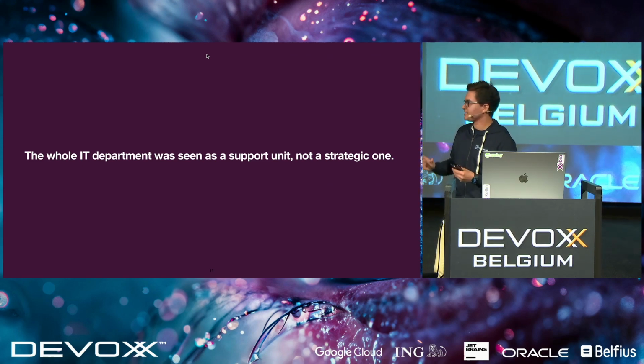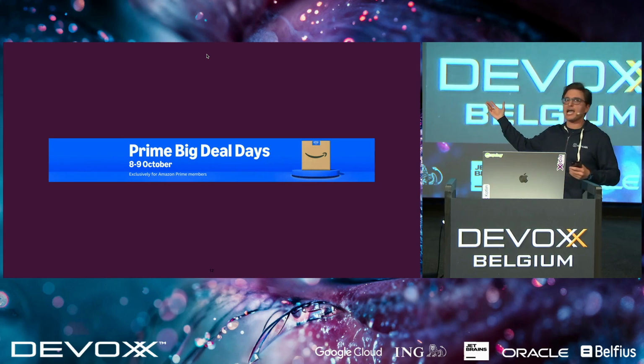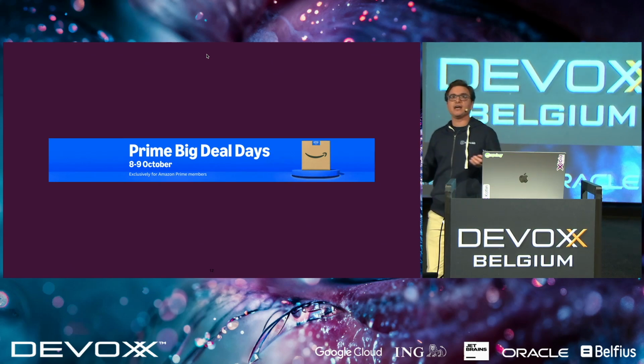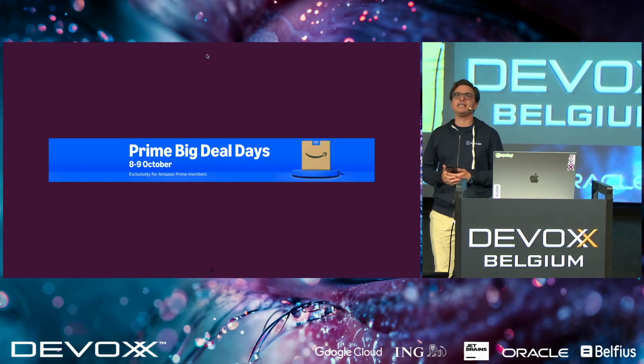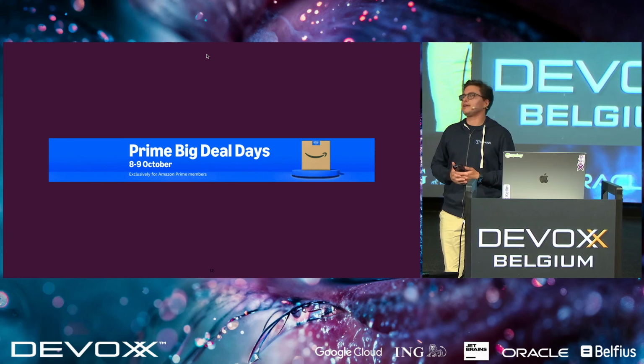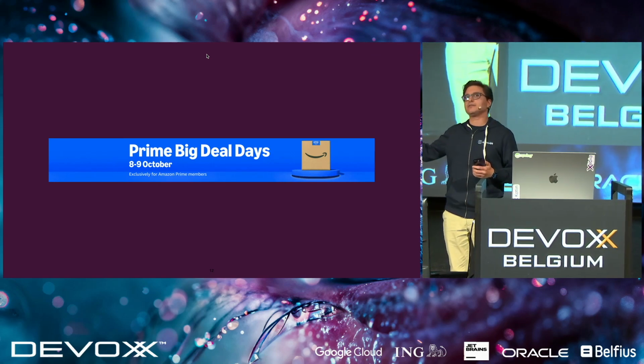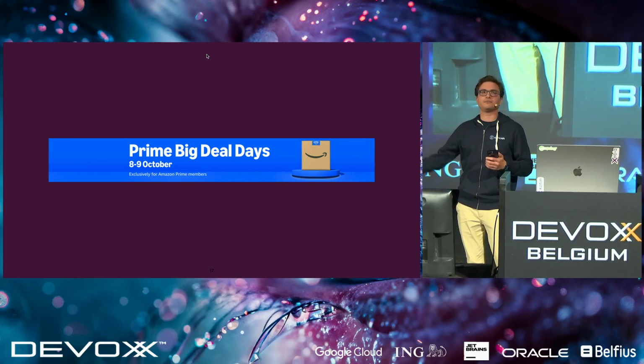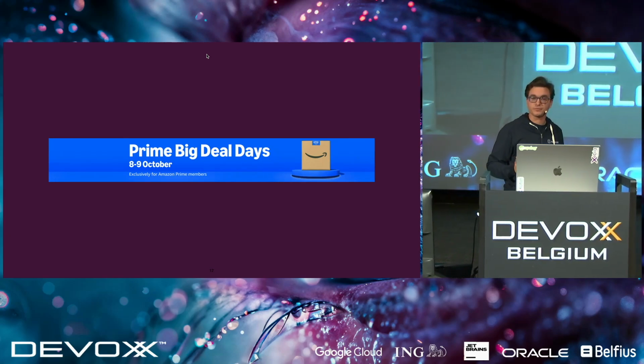You can see, for example, that today we're having Amazon Prime Days, and probably these are one of the most important days of the year for them. They're going to make a lot of money. However, if their system goes down entirely, then they're going to lose millions of dollars in revenue, I suppose.